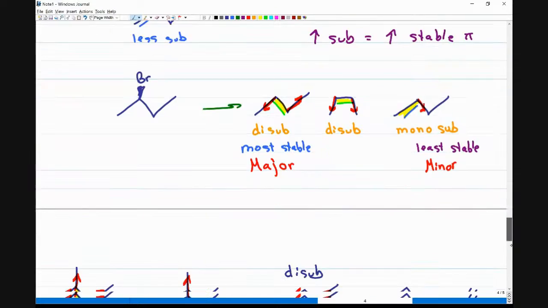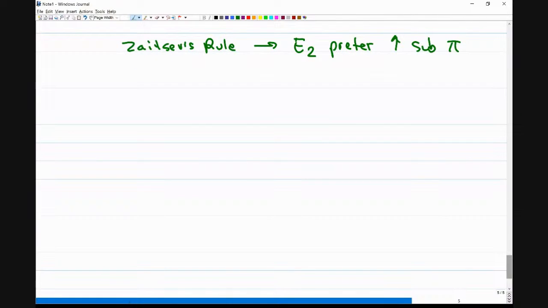Here is a trick to come up with the most stable product. We'll use the same molecule that we had before. But this time, instead of coming up with a product right away, I want to look at my beta carbons. This beta carbon here has 2 hydrogens. I don't even have to look at the hydrogens.